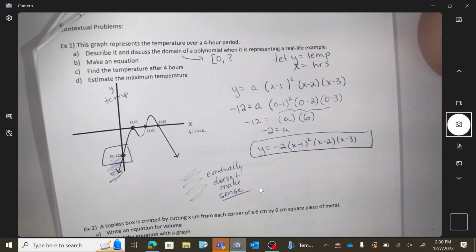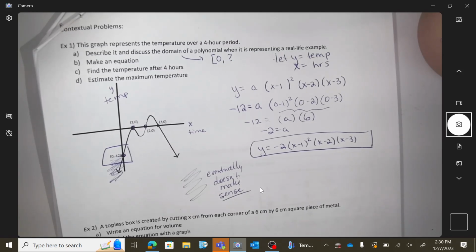Okay, find the temperature after 4 hours. So what am I going to do? If I'm trying to get the temperature, but I know the time I'm looking for is 4 hours, what do you think I'm going to do with that 4? Trace 4, exactly. How do you do that in pre-calc?